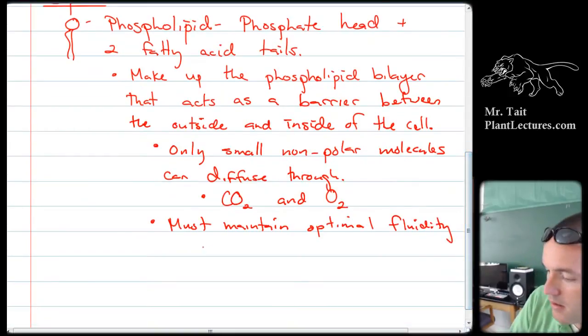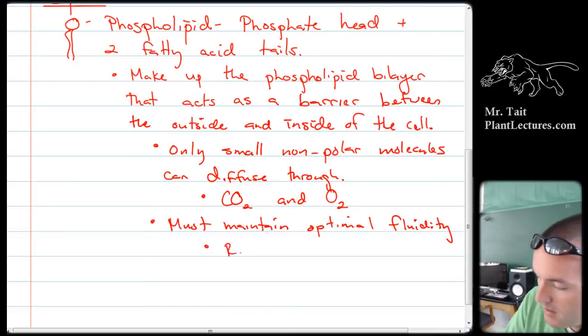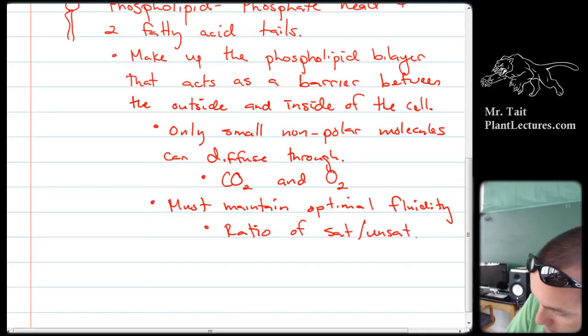And we've already talked about the way that happens by changing the ratio of saturated fatty acid tails to unsaturated fatty acid tails. It's going to be what mostly will control the fluidity.